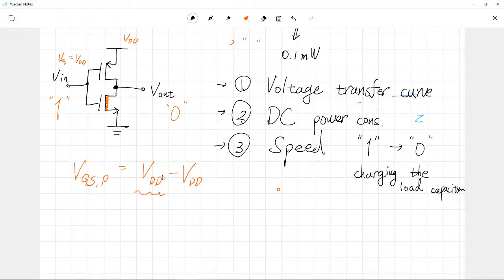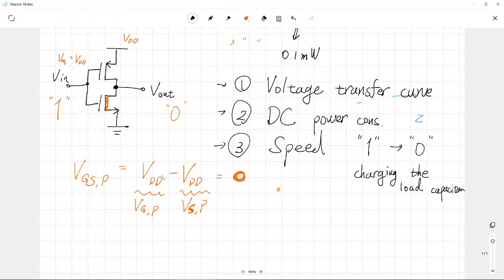So this is your gate voltage for the PMOSFET, and this is the source voltage of your PMOSFET. In this case, maybe you can be a little confused. Always you saw that the source is 0, but in the case of a PMOSFET, the source is always attached to the higher one. So in this case, VDD. So in this specific case, your gate to source voltage is equal to 0.